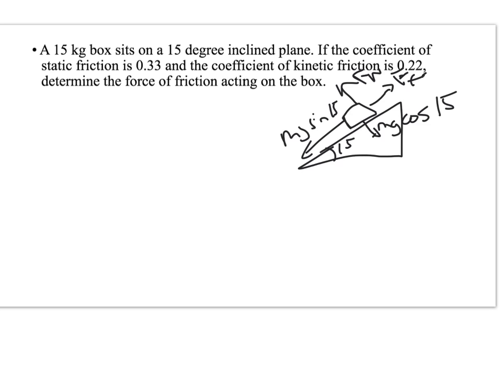So we're going to go through the same process as we did in the first problem. First I want to decide, does my box move? Does the force pulling down the ramp, that mg sine 15, overcome whatever my force of friction is? So I want to know my maximum value of my static friction. My force of friction is less than or equal to the normal force times the coefficient of static friction.